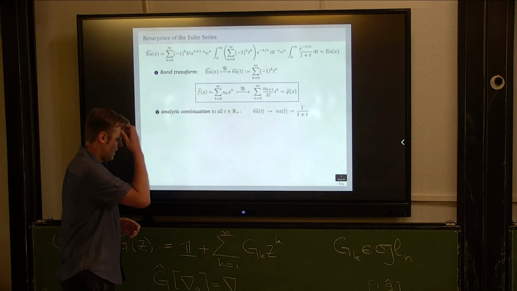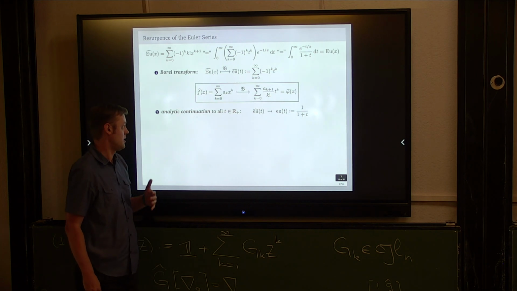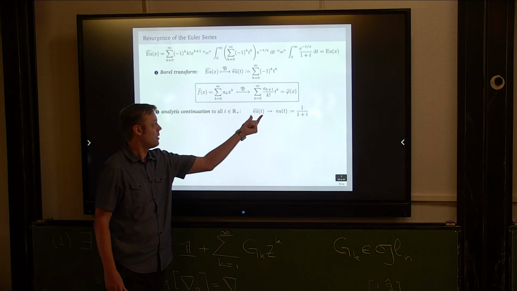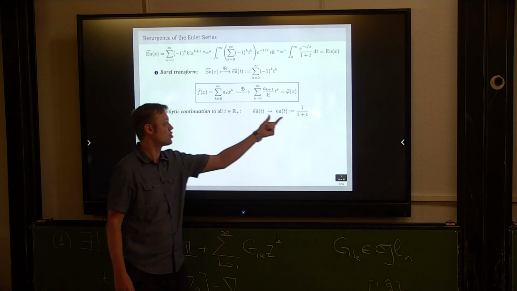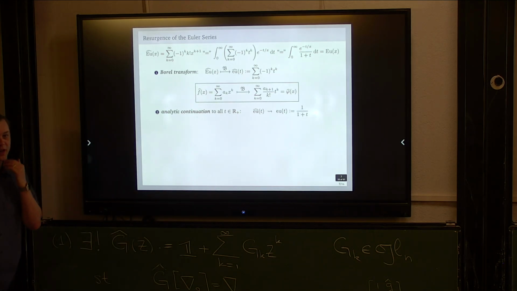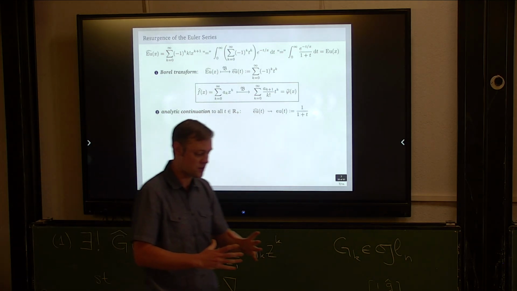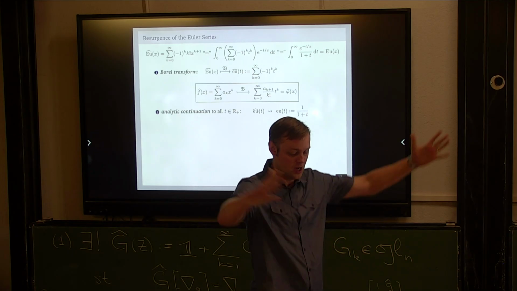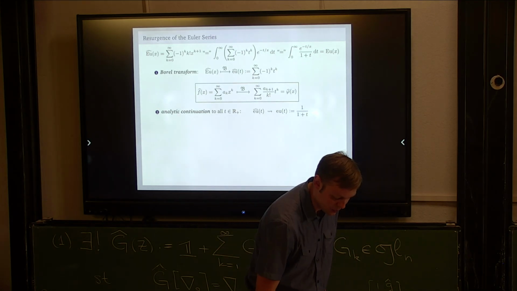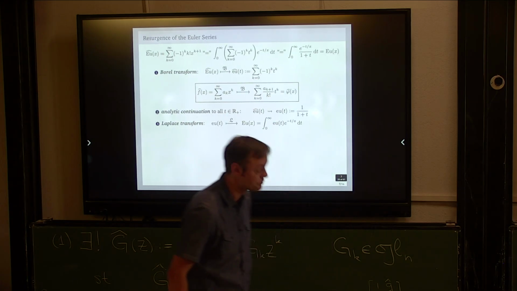So the mathematical words here are that we took a convergent power series and we constructed its analytic continuation. We've analytically continued this holomorphic function from its disk of convergence to the whole complex plane minus a pole at minus 1.